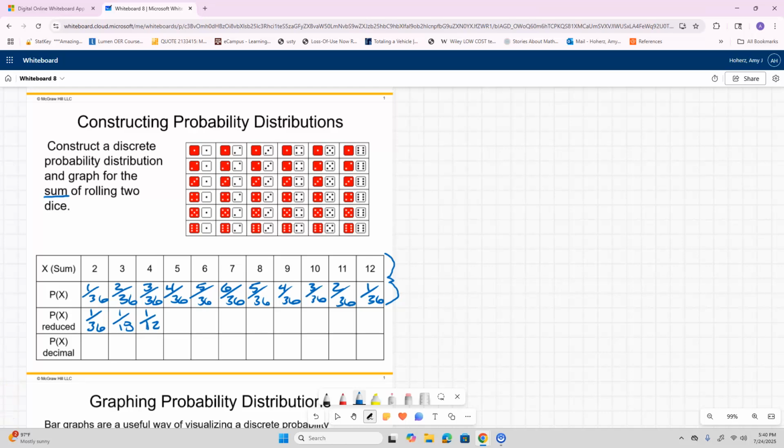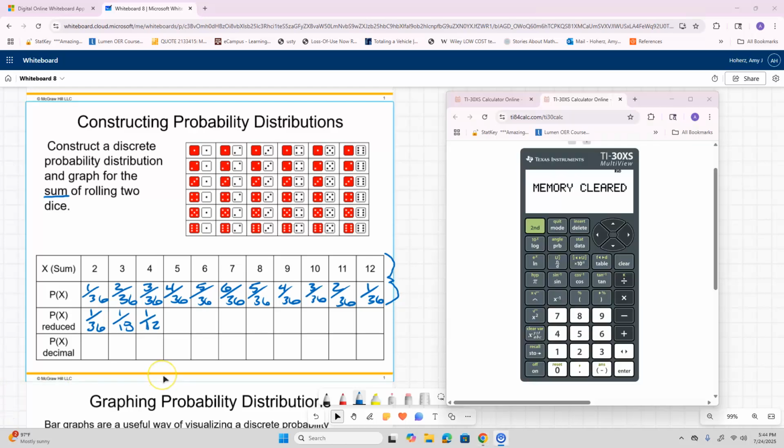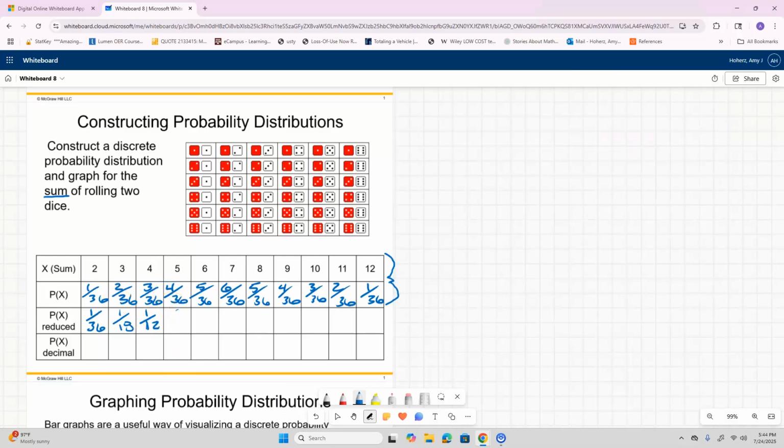Let me actually pull that up. So hopefully you got really good at this in chapter 4, but you don't have to reduce 4/36 in your head or on your own. You're welcome to just type in 4/36 on your calculator and hit enter, and it will reduce it for you. Okay, so 4/36 reduces to 1/9.